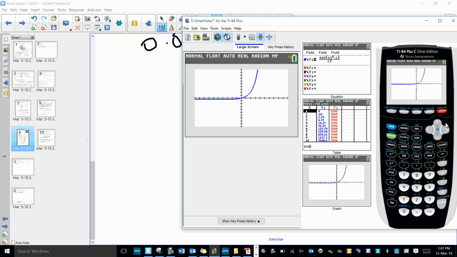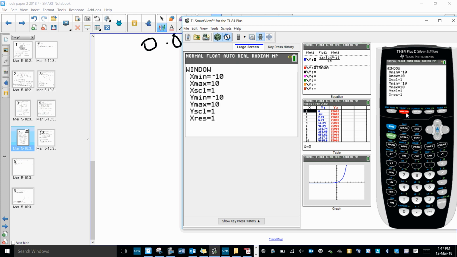Now obviously my scale here is going to go out the window, so I need to change that. I need my scale to go up to 75,500, going up in 500. I'm going to change my x to be 0 to 20, say.